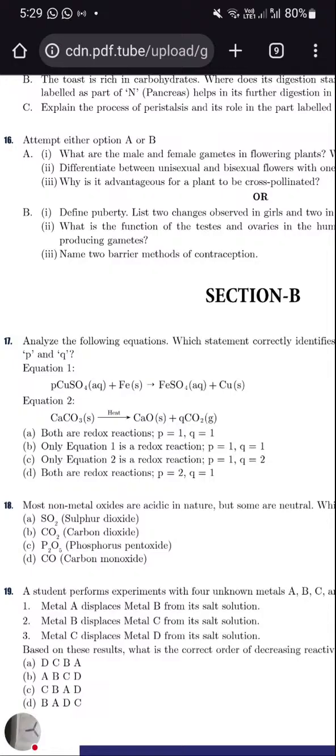When there is a decrease in oxidation state, we call it reduction. When there is an increase, we call it oxidation. So both reactions A and B are redox type. Option D is the correct answer.